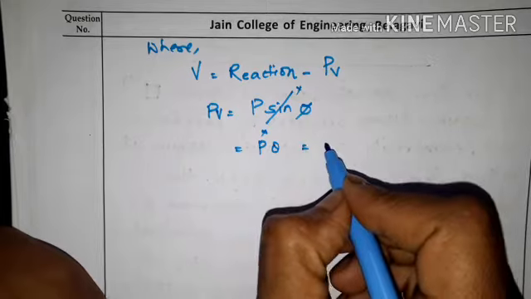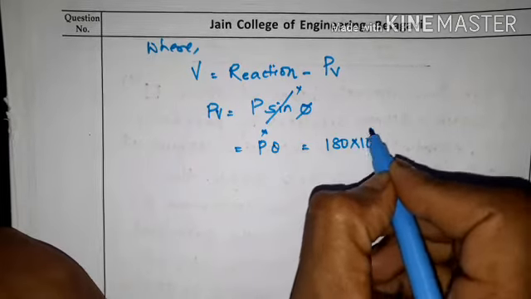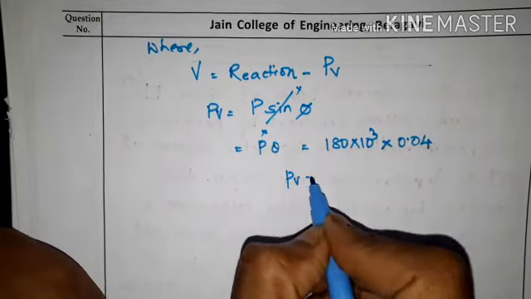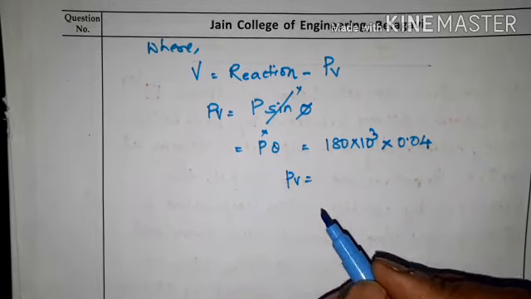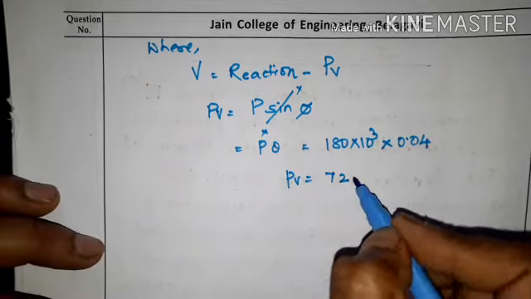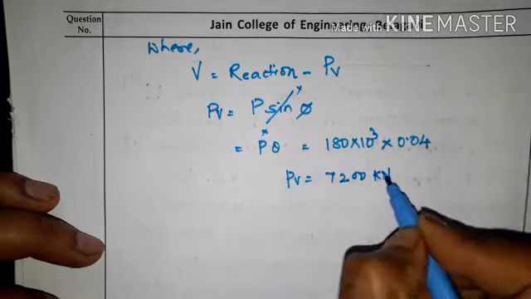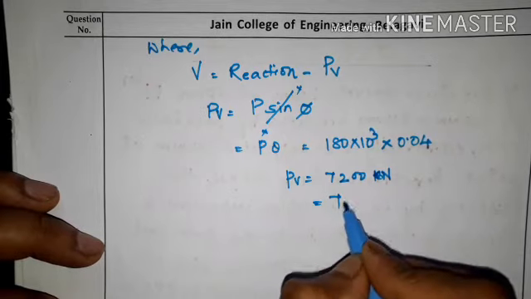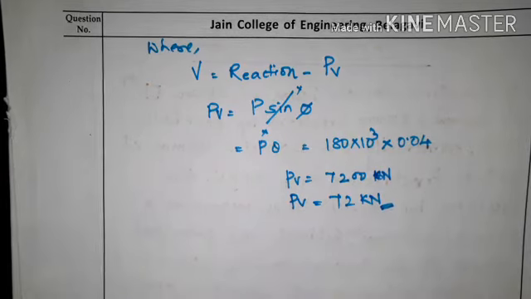So P is 180 into 10⁻³ and theta is 0.04. So PV we get as 7200 Newton, or 7.2 kilonewton. That is PV.